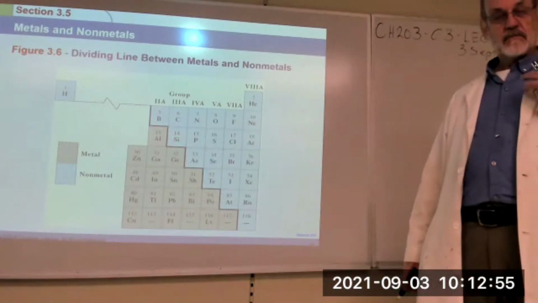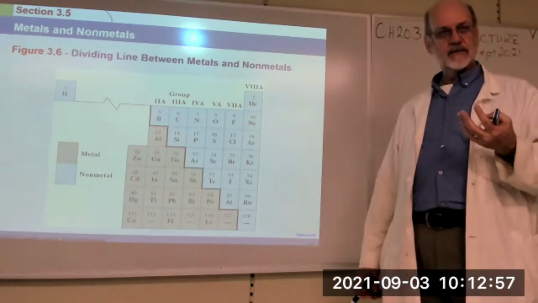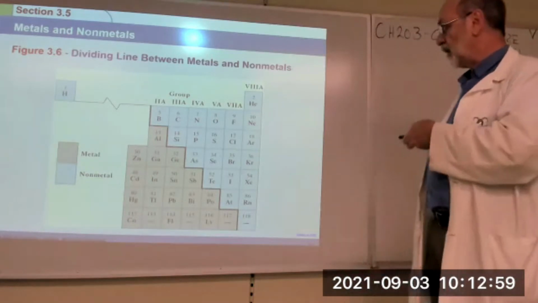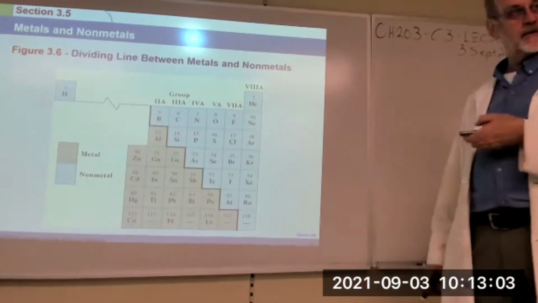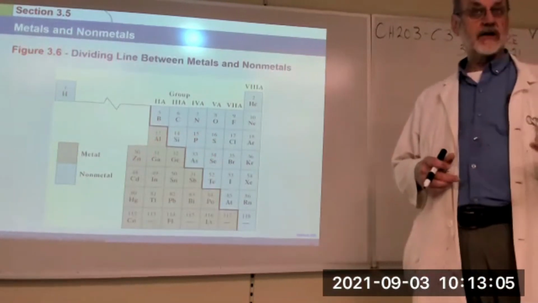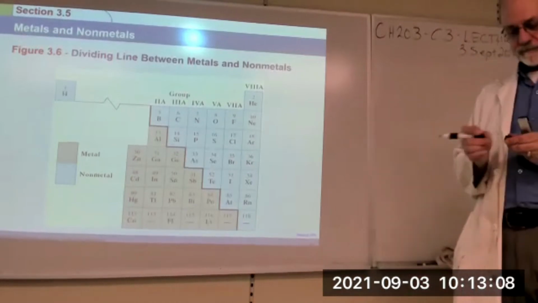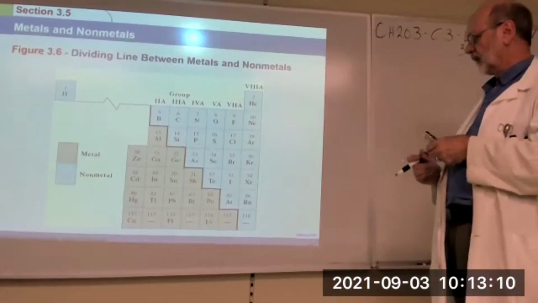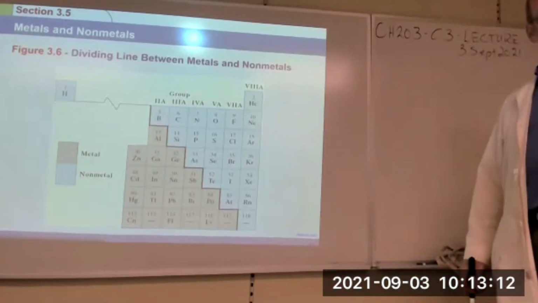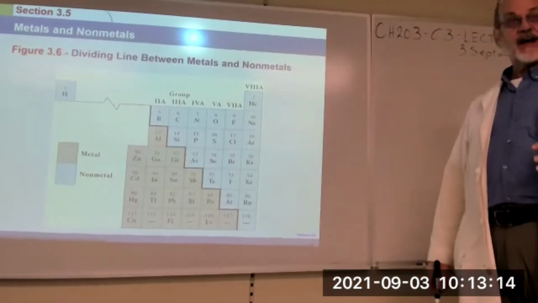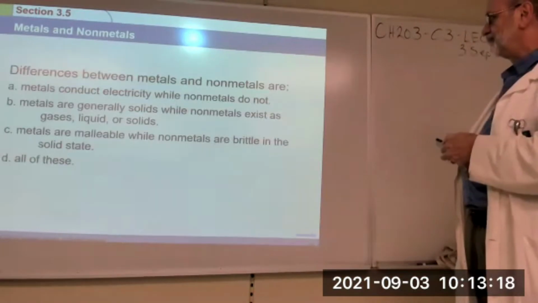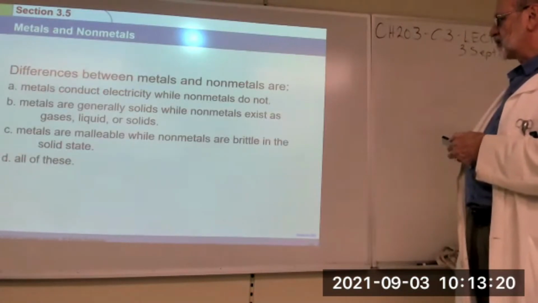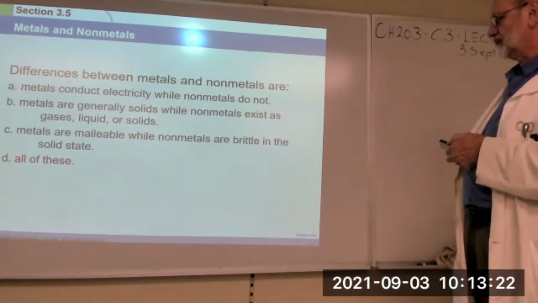And they have pure silicon, and they dope it with elements either from this side or from this side of the silicon, and it produces semiconductors eventually. So the metalloids are economically very valuable. Okay, differences between metals and non-metals, all of those.